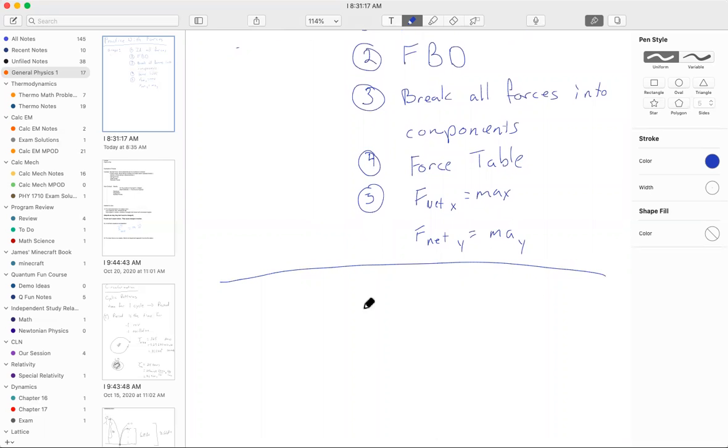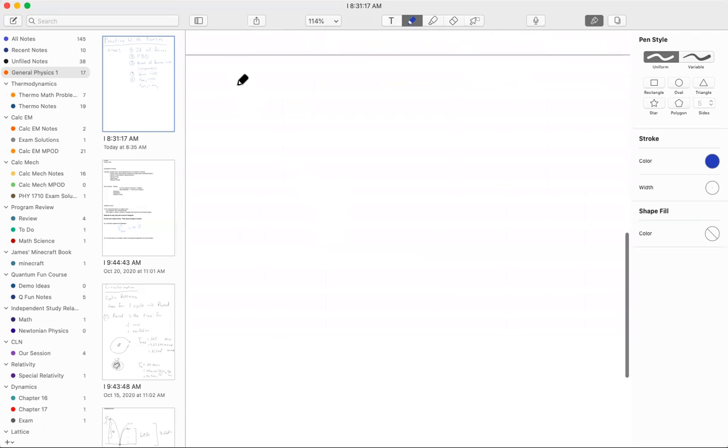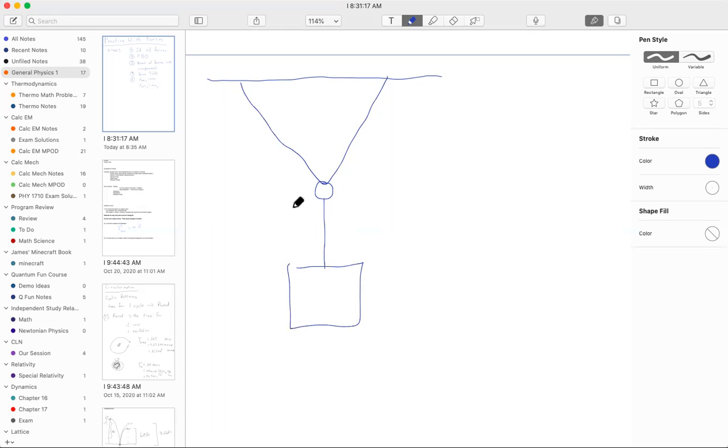Okay. Let's do a simple example here. One of the Sapling questions is like this. There's a ceiling, there's a ring, there's a rope which goes down like that, and then there's a hanging mass. We're going to assume that there's no friction at the ring, which means that the ropes are going to be at equal angles.